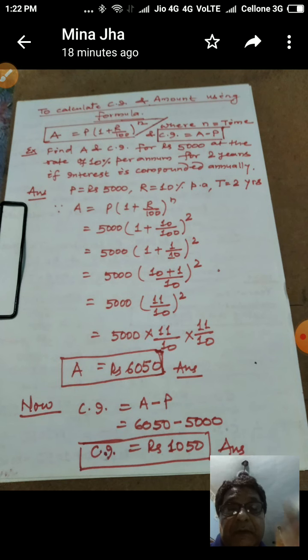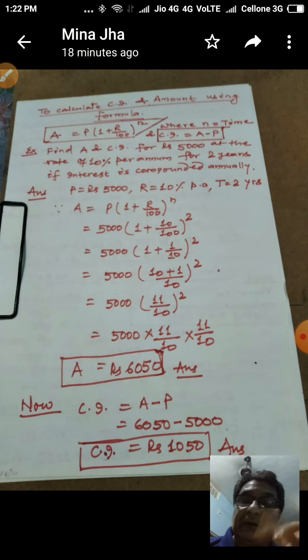So we will see the same question now, but using the formula. What we have observed was a year-wise calculation of finding compound interest using the formula of simple interest. Now we will use the formula for compound interest and we will find directly the compound interest for 2 years.